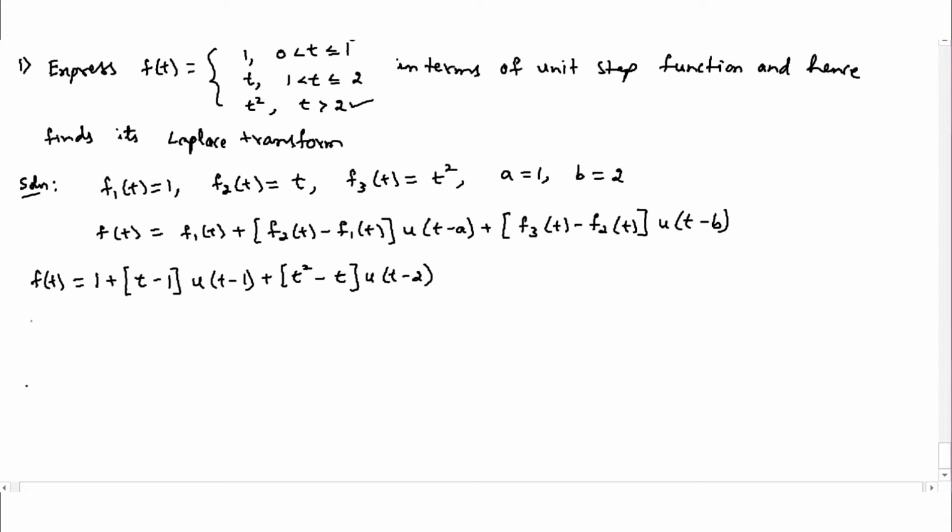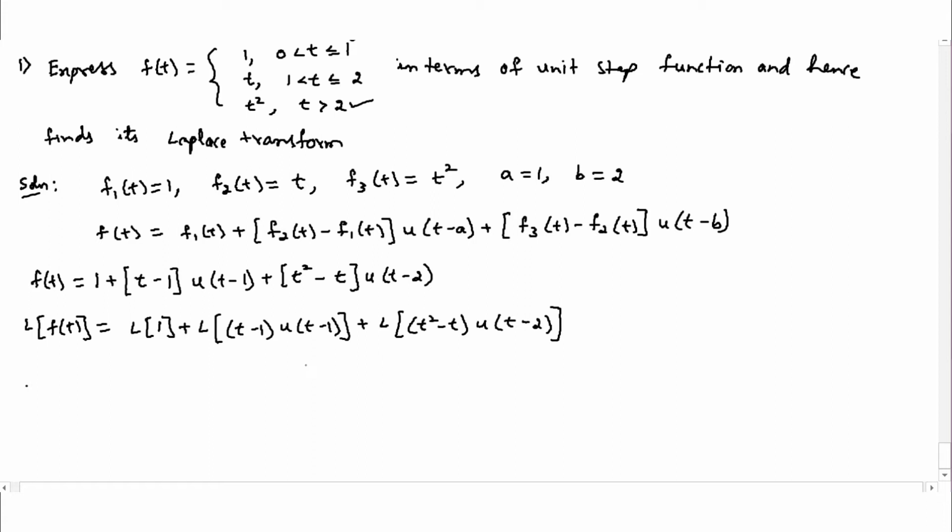So let us apply the Laplace transform. Laplace transform of f of t is equal to Laplace transform of 1 plus Laplace transform of t minus 1 into u of t minus 1 plus Laplace transform of t square minus t into u of t minus 2.